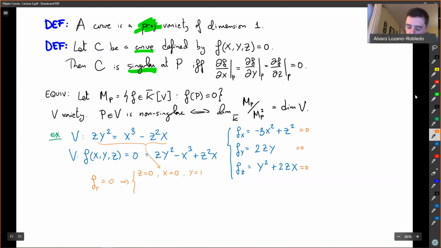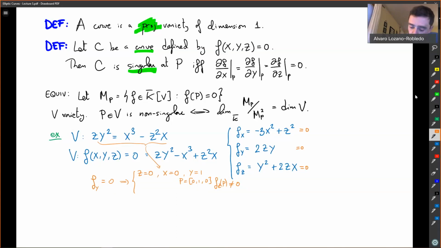So P has to be (0, 1, 0), but at (0, 1, 0), the derivative with respect to z does not vanish. Okay, so it is non-singular at that point at infinity.